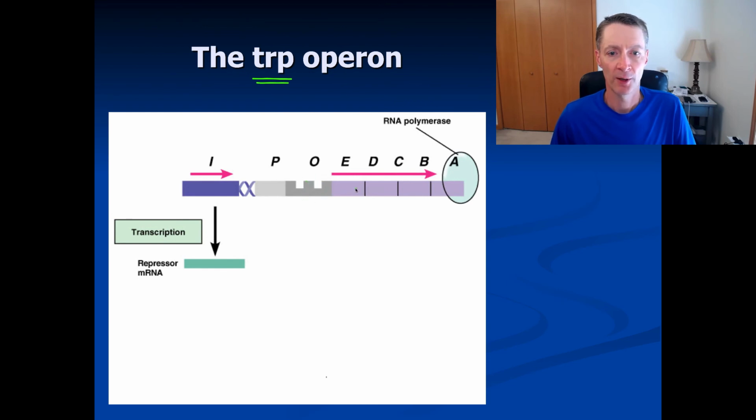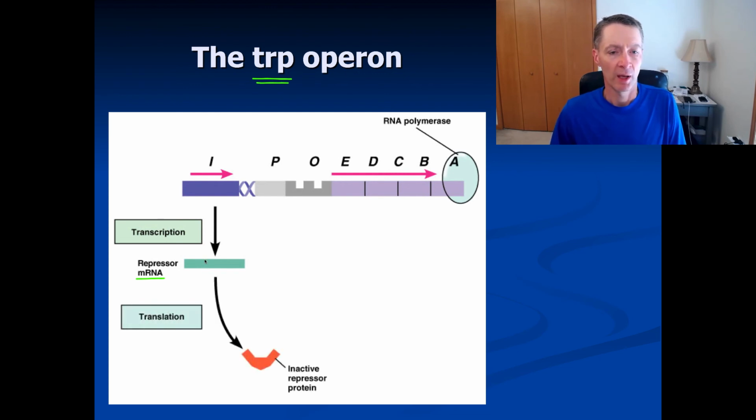Promoter, operator, a bunch of genes that are linked in their production of tryptophan in this case, and we have a repressor protein. Our repressor protein will get transcribed, as always, right? So here we have our mRNA. We'll have translation of that repressor with that mRNA to make the protein.